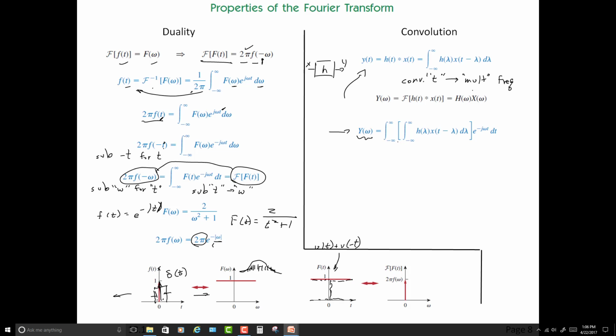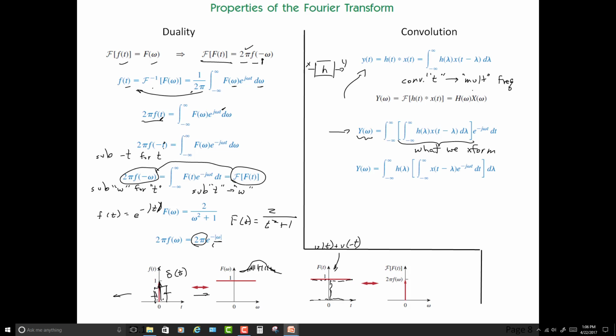Here was the function inside that we're transforming. Here's the setup. Multiply by e to the minus j omega t dt, and take that integral between minus infinity and infinity. So we've traded it for the double integral here.